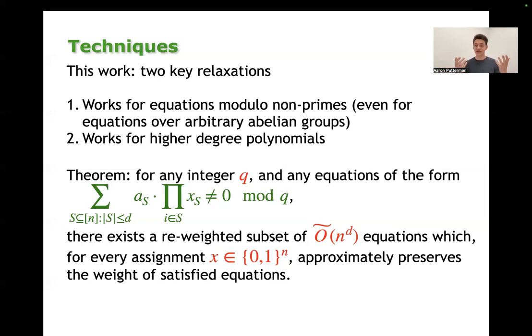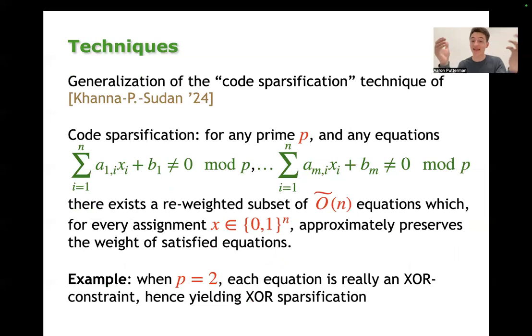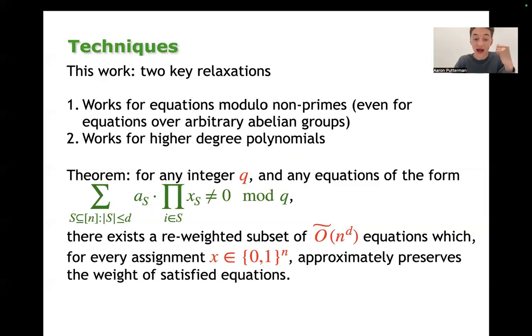It's just that we're allowing for the arithmetic to be done over richer structures. The second relaxation is that we also look at higher degree polynomials. In the previous slide, we were looking at linear equations. Now we consider quadratic, cubic, and in general degree d equations over these arbitrary abelian groups.